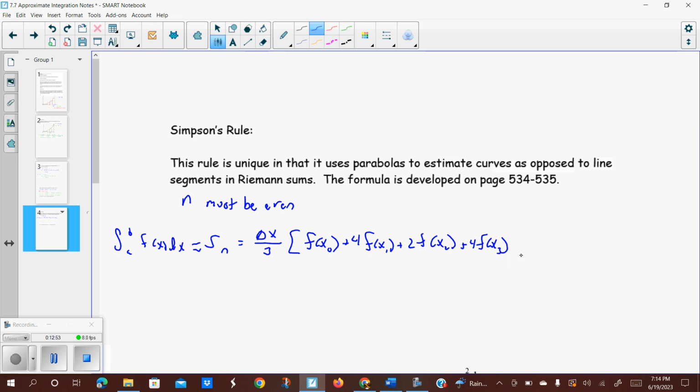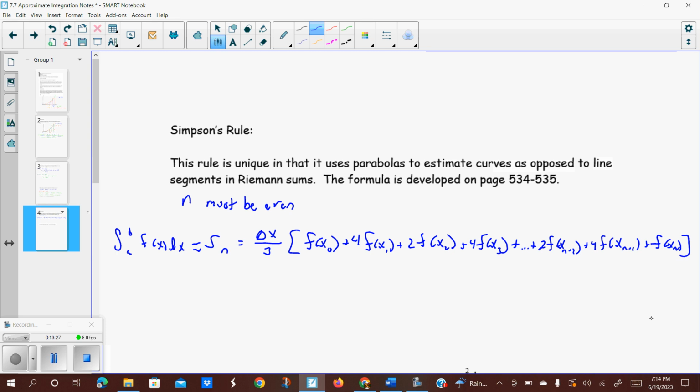That pattern repeats all the way up until you get to the last couple. It'll always end with 2 f of x sub n minus 2, plus 4 f of x sub n minus 1, plus, and the very last one will not have a coefficient other than 1, f of x sub n.